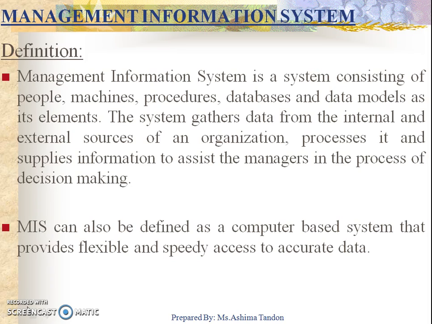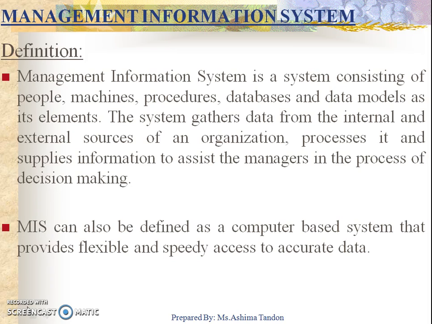Therefore, focusing on the definition of MIS, Management Information System is a system consisting of people, machines, procedures, databases, and data model as its elements. The system gathers data from internal and external sources of an organization, processes it, and supplies information to assist the managers in the process of decision making.